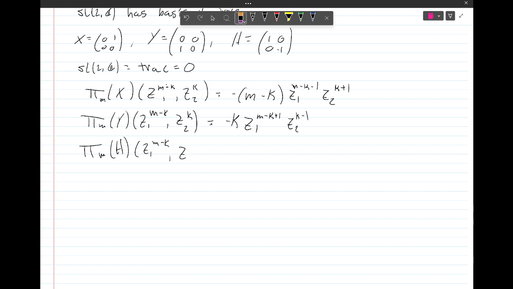Okay. Equals k z1, shoot, my notes are a little bit backwards here. Equals minus k z2.